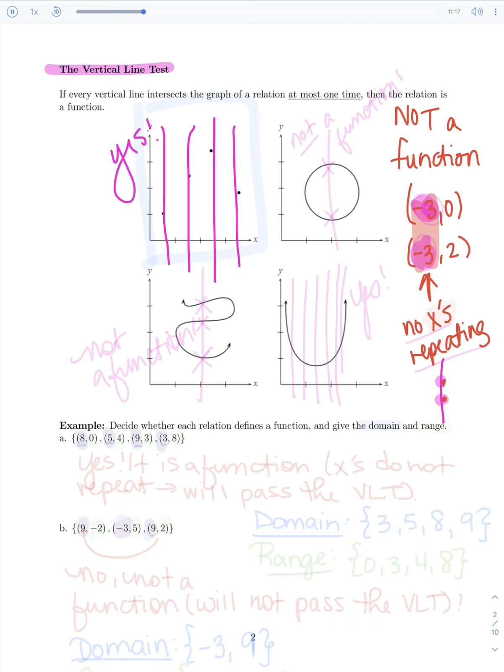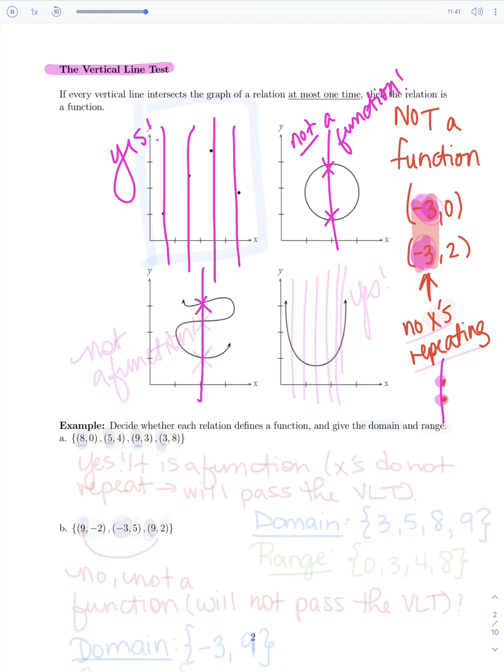However, if I look at the next one, the circle, I can draw several vertical lines where I'll hit it more than once. I'll hit it twice. And that's why it is not a function, because I can hit a vertical line, any vertical line, more than once. Notice the third graph we have is even worse.